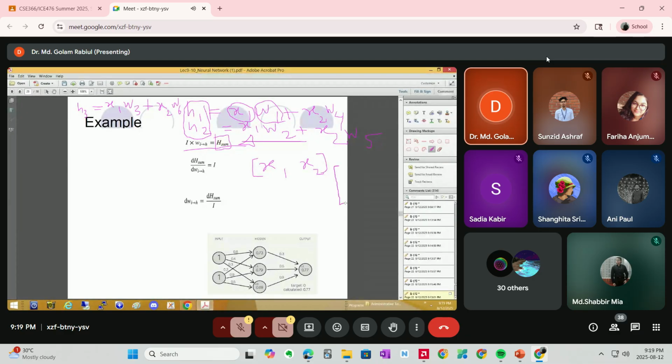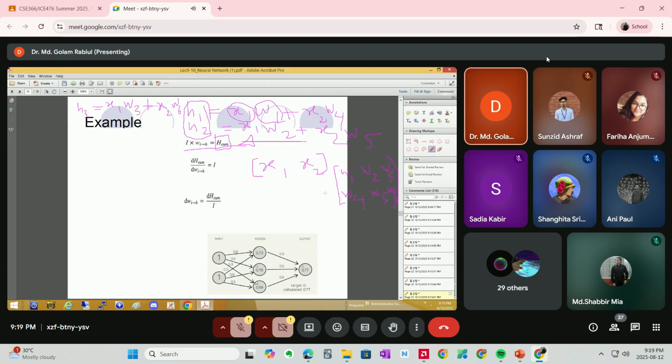And then our W vector for the first one is W1 and then W4. It's like this: W1, W2, W3, and then W4, W5, and W6.